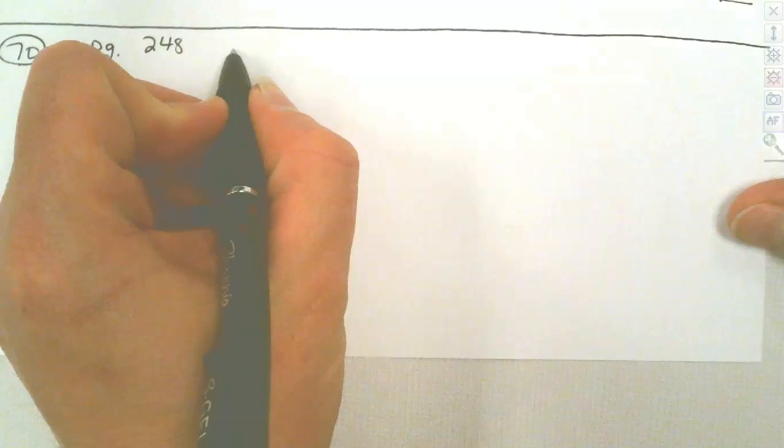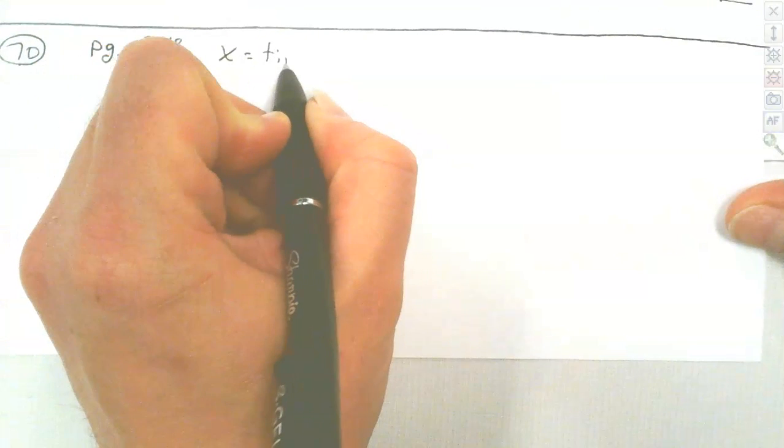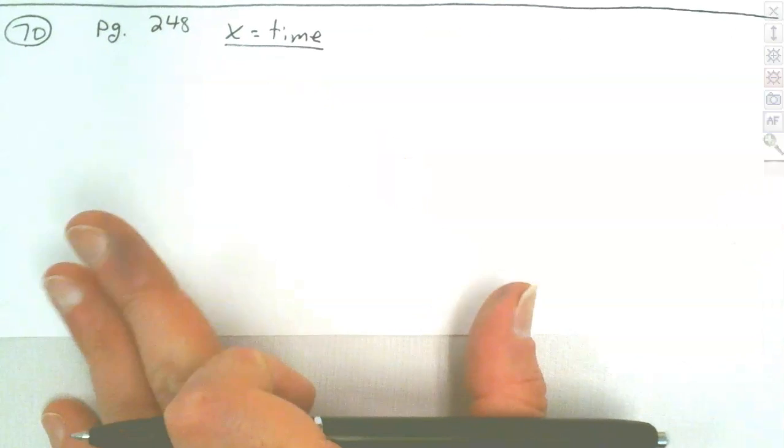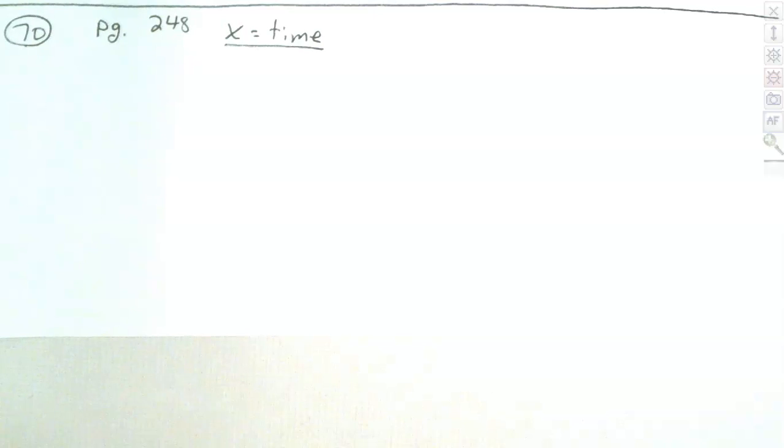Now, always remember, x is time. In some particular instances it might be different, but if it is, they'll tell you. Generally speaking, time is the x-axis. If you think about a graph of a stock, the years are down at the bottom and the value of the stock is the up and down part. So time is always going to be the x.